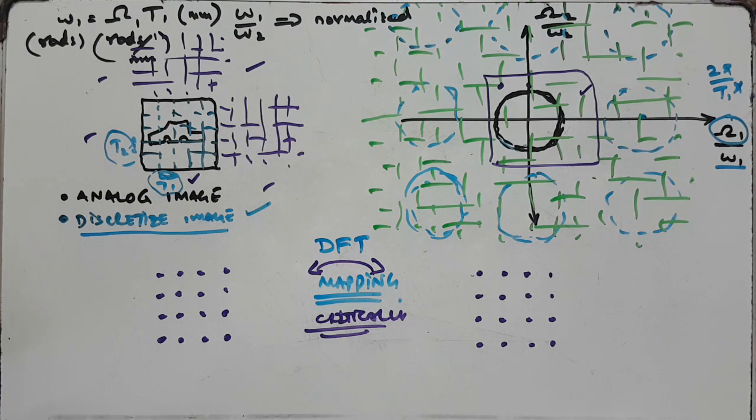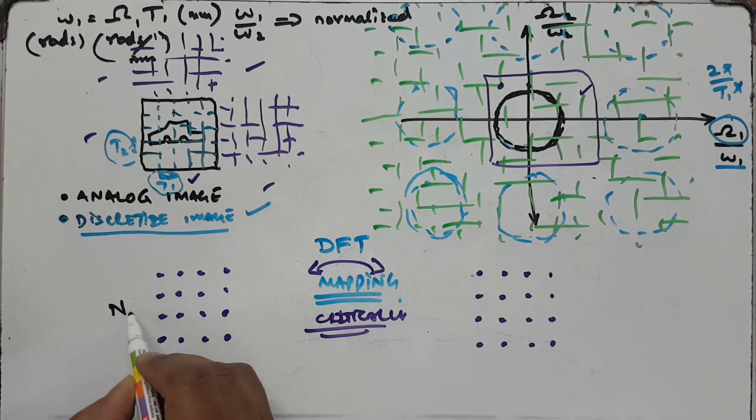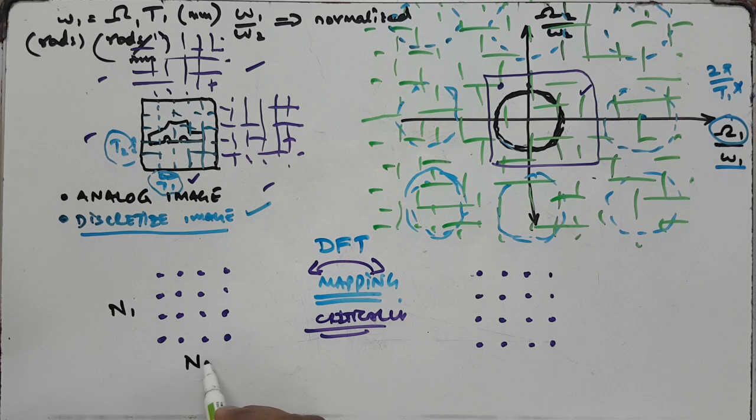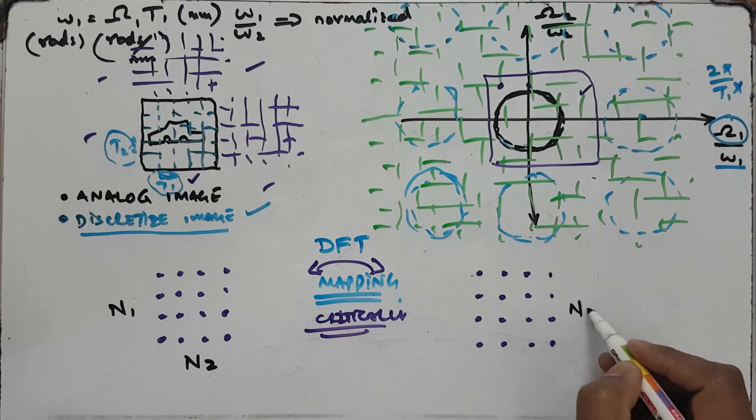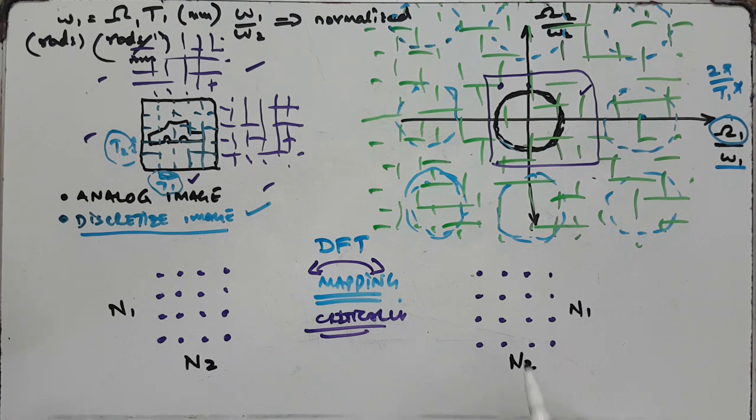And what it says is that if we have, let's say, an n1 cross n2 image, which is already discrete, then we can represent it uniquely by n1 cross n2 samples in the frequency domain of the spectrum of the image.